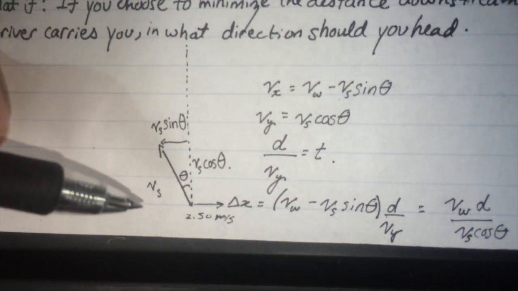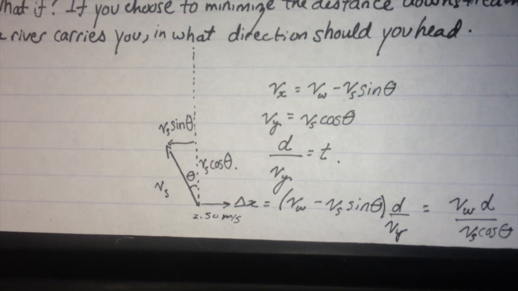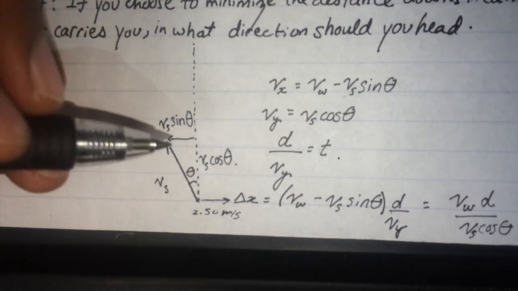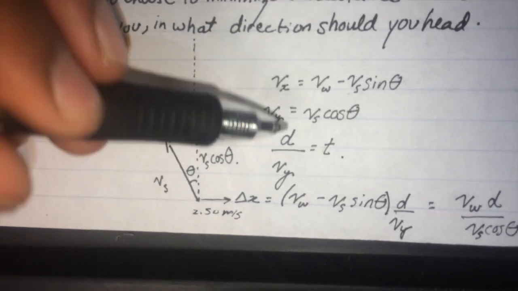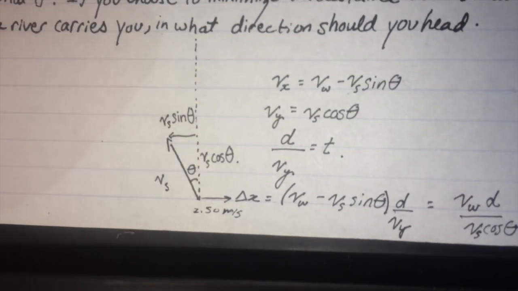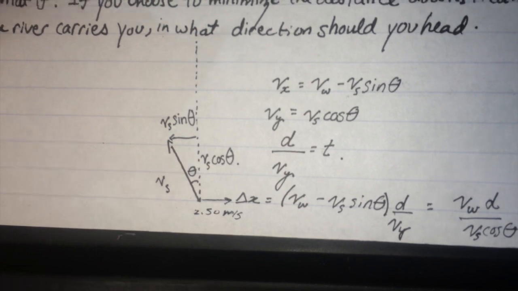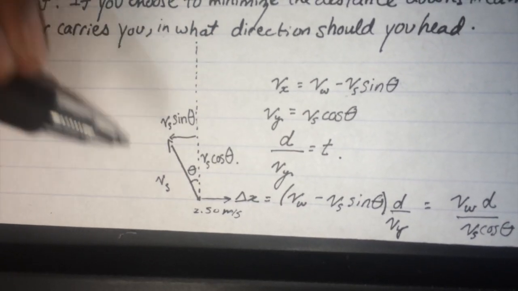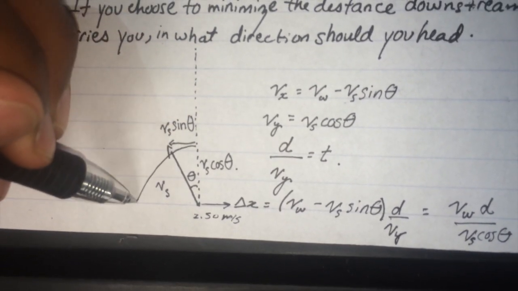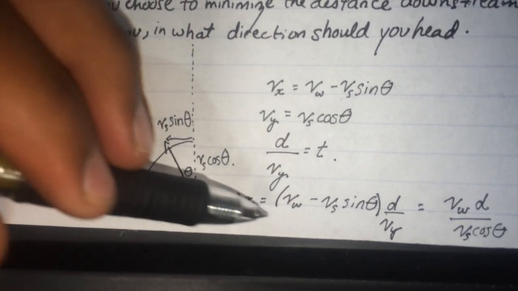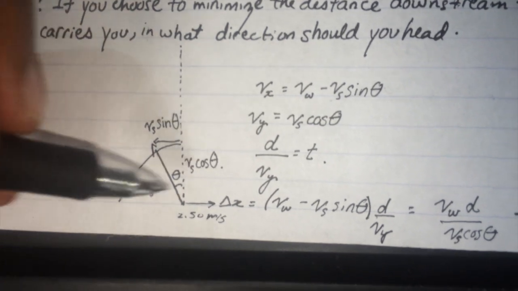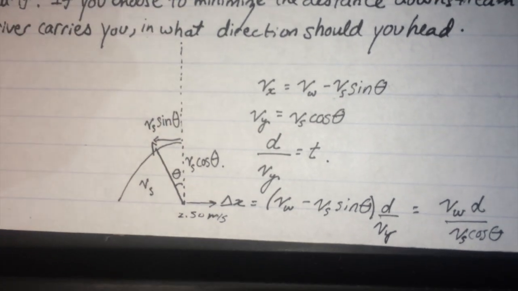Right now we're worried about our swimming, and we know that if we move straight, we're going to be pushed this way by the current. So the idea is that our velocity vector for swimming is going to be somewhere in this quadrant, because that way we get some velocity to oppose the current, and we're still moving forward. And we need to find that sweet spot angle.